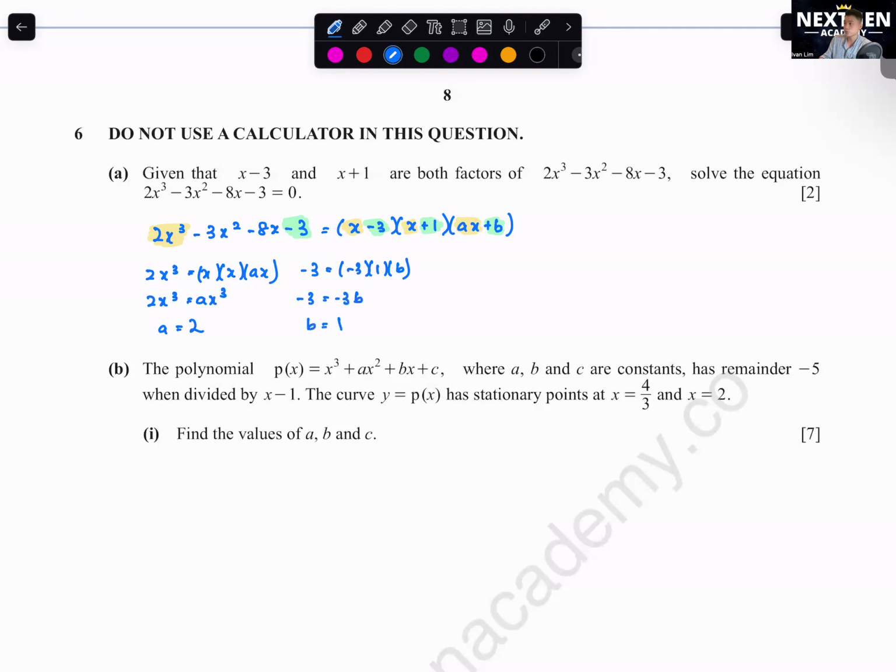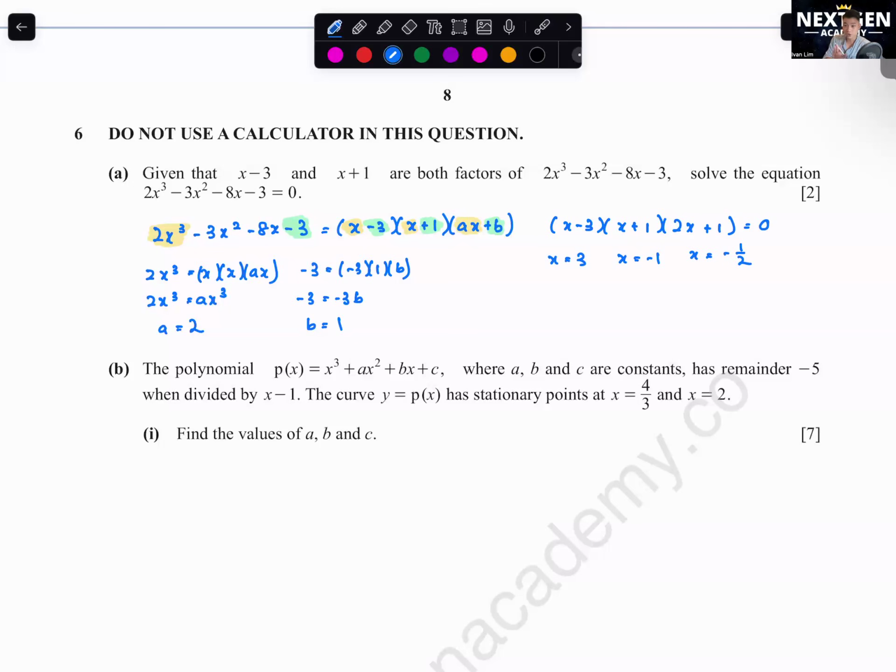B equals 1. So your equation, you can write it as x minus 3, x plus 1, 2x plus 1 equals 0, where x equals 3, x equals negative 1, and x equals negative 1 over 2.